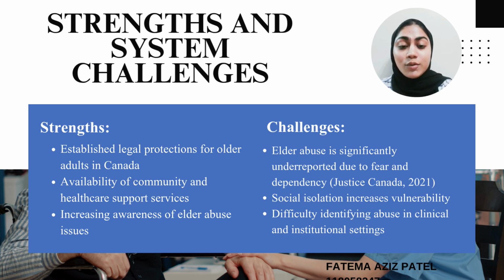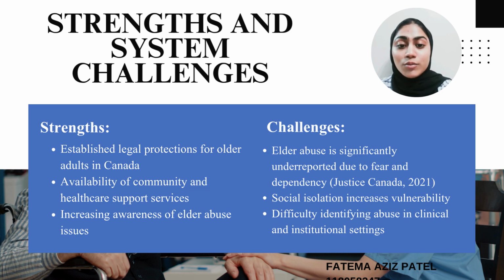On this slide, we are looking at both the strengths and the challenges within the system related to elder abuse in Canada. Starting with the strengths, Canada has established legal protections in place to safeguard older adults from abuse. These laws help guide reporting and intervention when abuse is suspected.